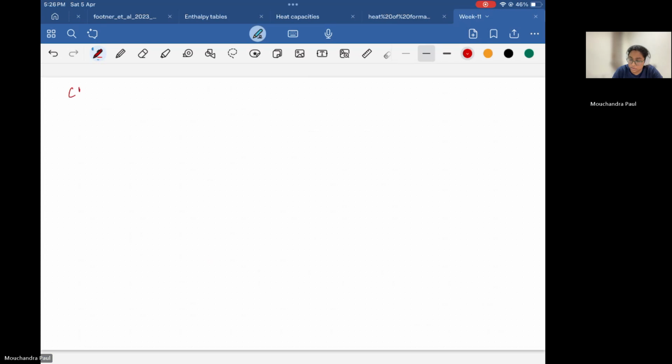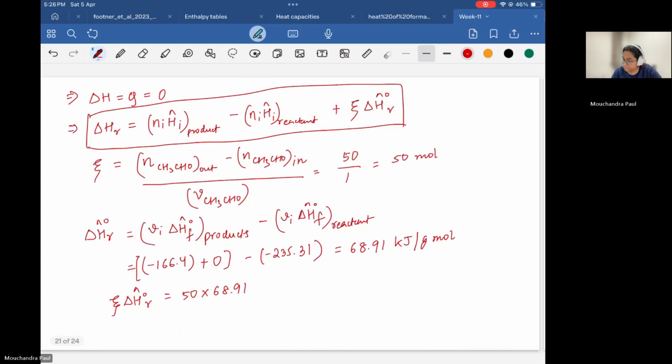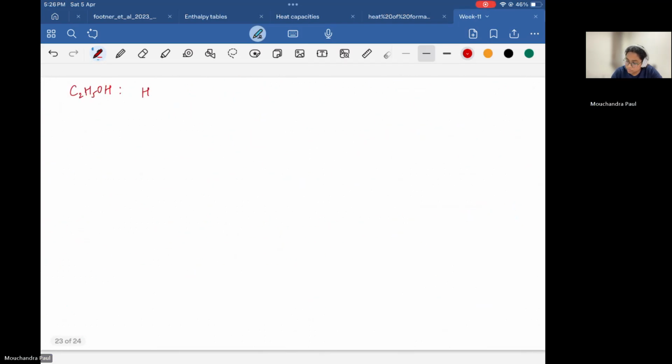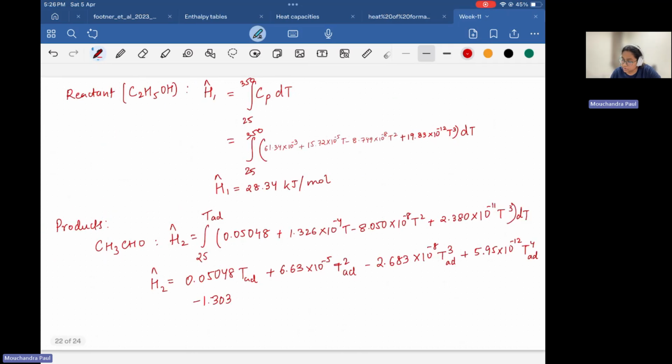And for ethanol, H4. Okay. So here we have to again do the same thing, but here the Cp value will be this, which we have already seen or written here.